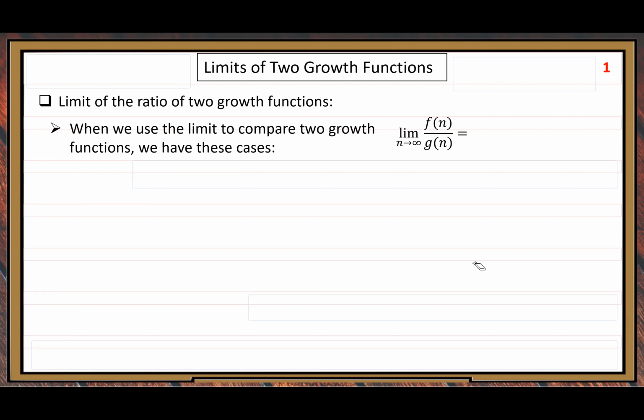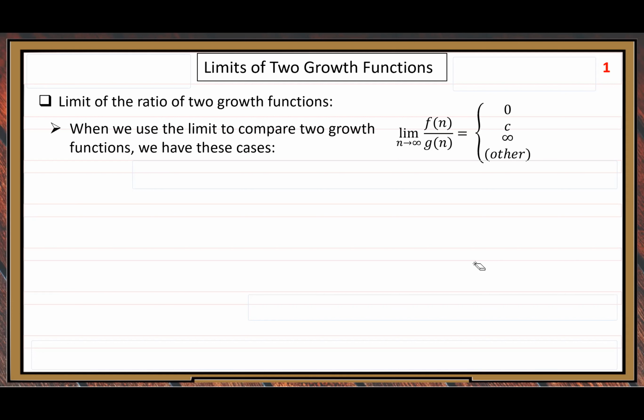Okay, all right. Here, I can think of these four possibilities. The first one, zero. We can see frequently, in many examples, we get this zero limit. First possibility.